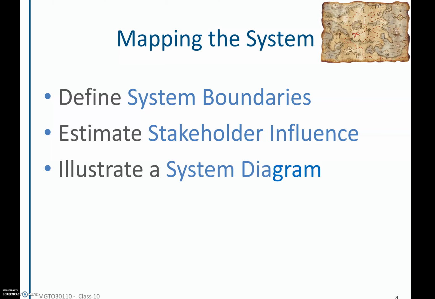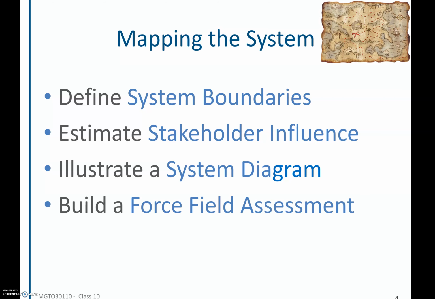Our third step is to bring that visual thinking into play and introduce a process we call systems diagramming. And then finally, tie it all together with a really clear and deep assessment of the forces in play using a tool we call a force field assessment.